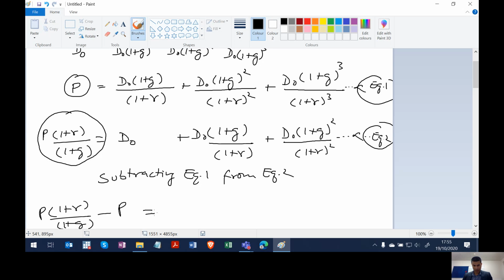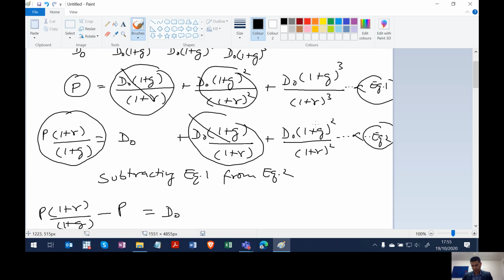So equal to, now let's copy this D0 here first. And for these terms, they look the same, so we can cancel them out. Similarly, this whole term and this whole term can be cancelled out.